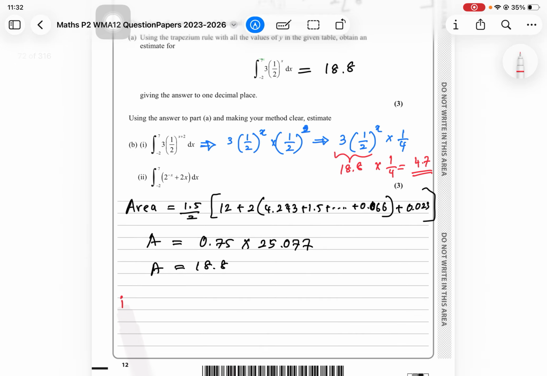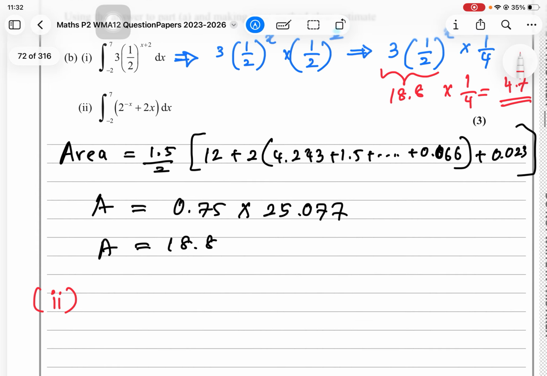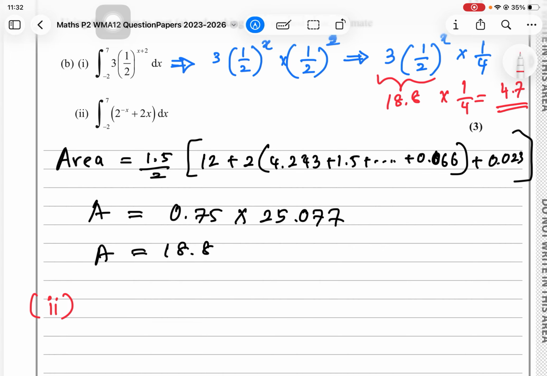Let me do Roman number 2 underneath. That one is a bit tricky. They are saying 2 to the power negative x plus 2x. When we have it, 2 to the power negative x means it's 1 over 2 to the power x, plus 2x. So then we are going to take a few values like that.